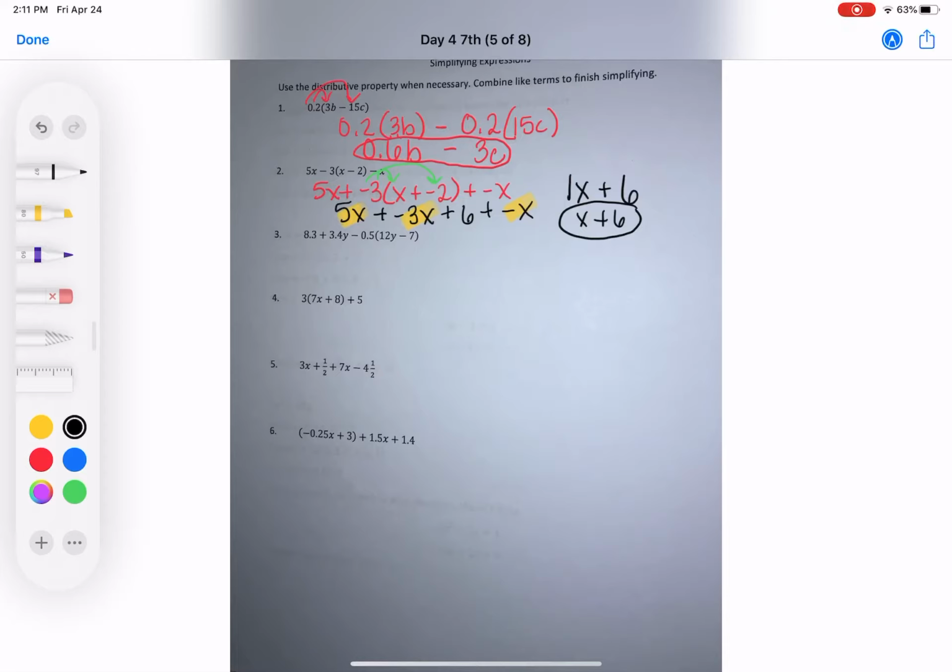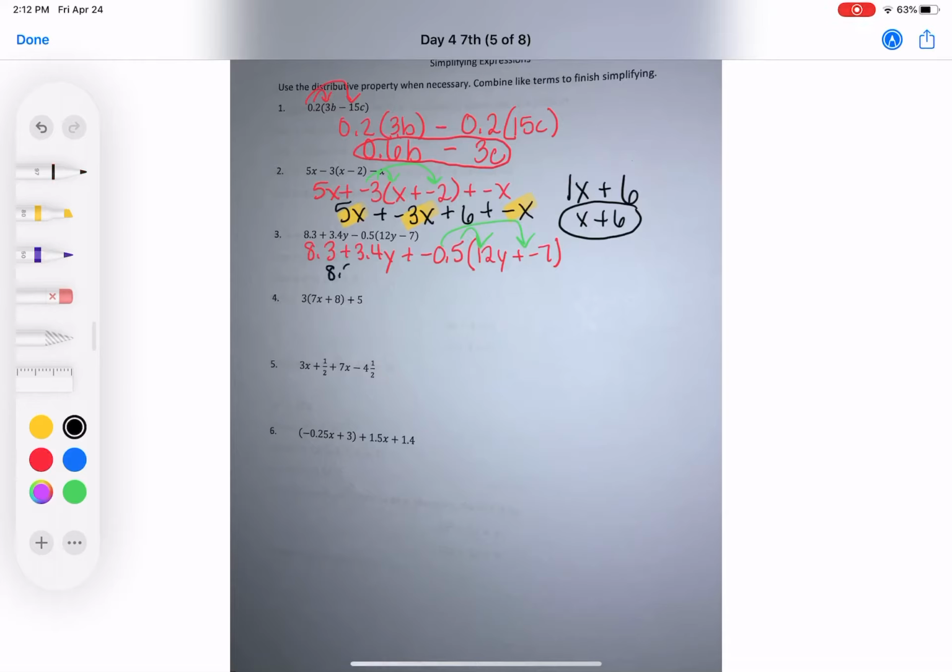Number 3, we have to distribute first. Again, I'm going to write this as addition first. So I have 8.3 plus 3.4y plus negative 0.5 times 12y plus negative 7. So I am going to distribute first.